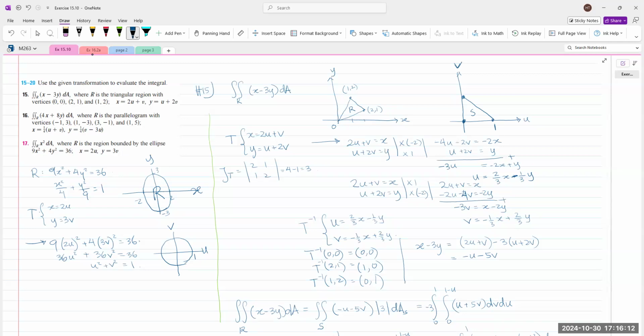Oh, you know what? We need to do the Jacobian. How about the Jacobian of T? Jacobian of T will be 2 times 3, that's 6.